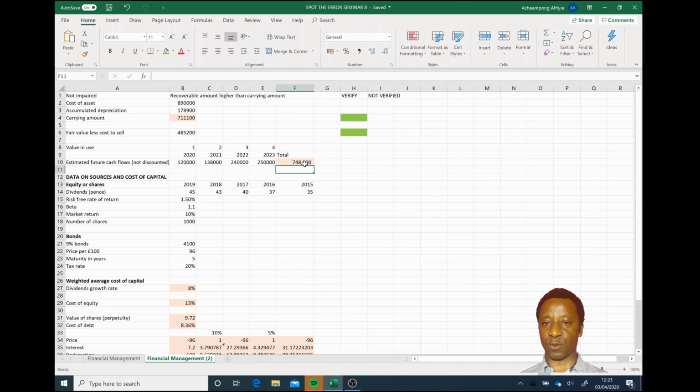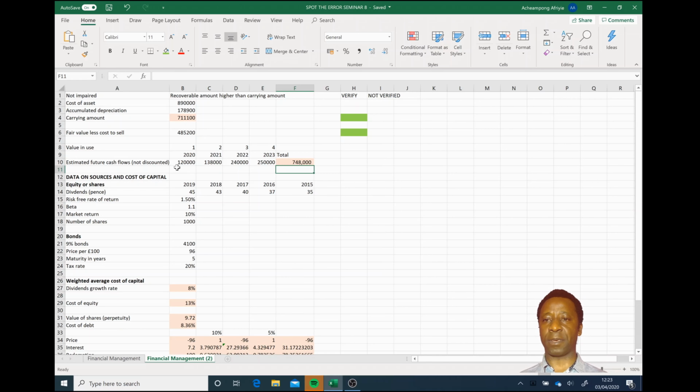They've picked the higher of the two, which is 748,000, as the recoverable amount. They've compared that with the carrying amount, and that is why they came to the conclusion that the asset was not impaired. Because if the recoverable amount is 748 and the carrying amount is 711,100, then the asset is not impaired.